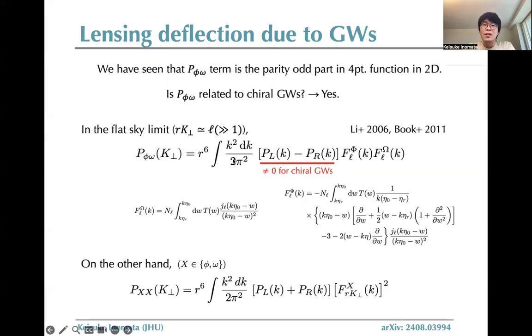We can see that this cross-correlation term comes from the difference between the left-handed power spectrum and the right-handed power spectrum. And this is indeed non-zero for chiral gravitational waves. On the other hand, the parity-even correlation power spectrum is expressed with the sum of the left-handed and right-handed tensor power spectra. So the parity-odd part comes from the chiral gravitational waves.